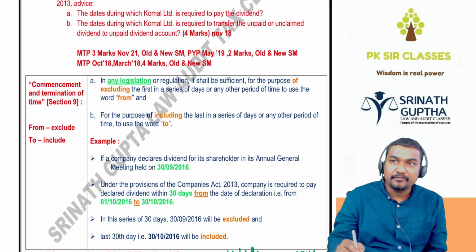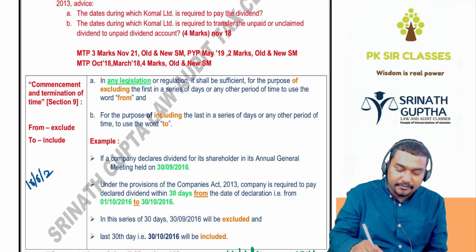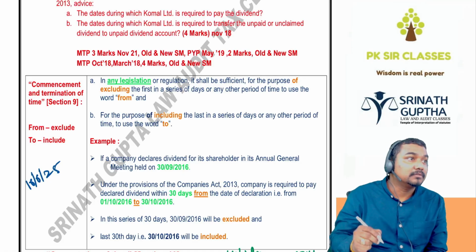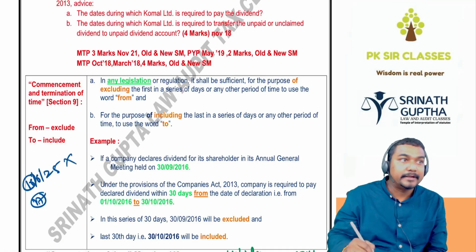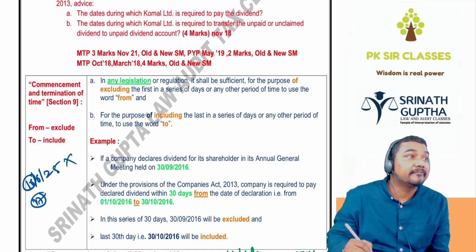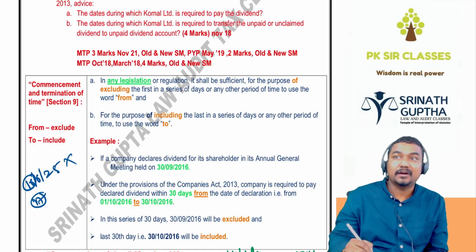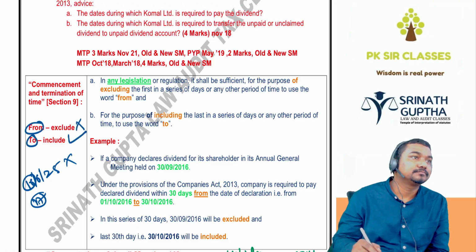If the dividend is declared on, for example, 16/6/25, we have to count the 30 days from the 17th. The 30th day we have to include. So from date you exclude, to date you include.